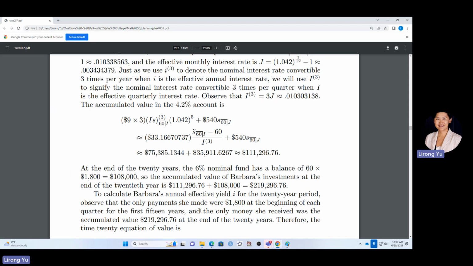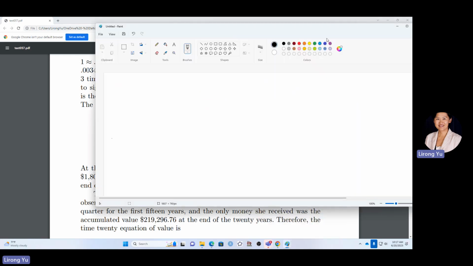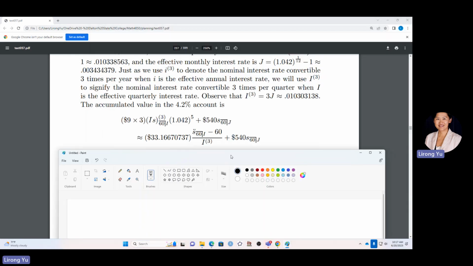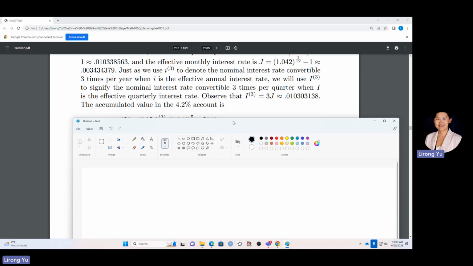So this is really the formula part of it. If you want to see how it's being calculated, you can use the BA II Plus calculator, or you can use a manual formula for the computation. Then let's try to use the formula first. All right, so I did some calculation myself.